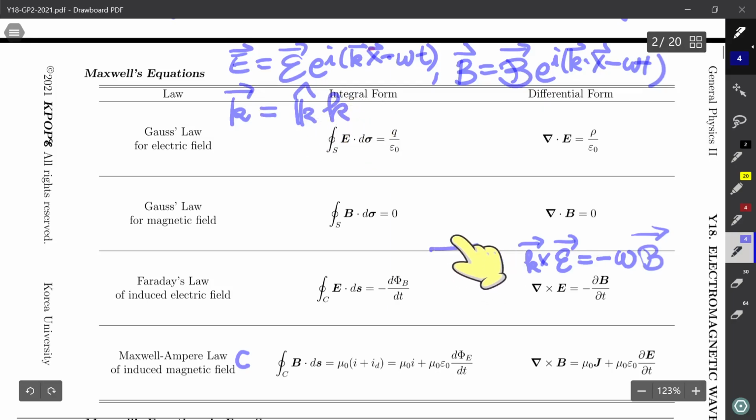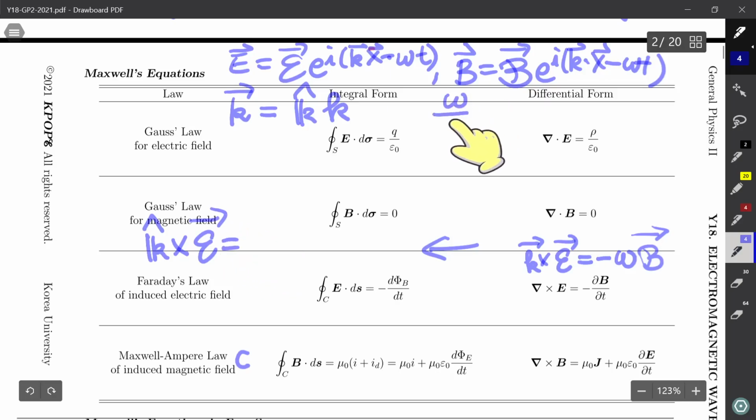So from this one, we have the k unit vector cross the E vector, where this is the speed of light, and minus omega t gives a positive sign, cB.